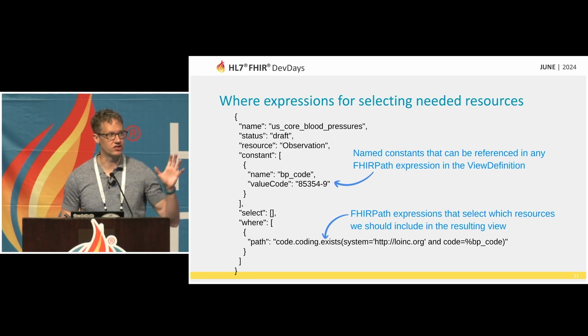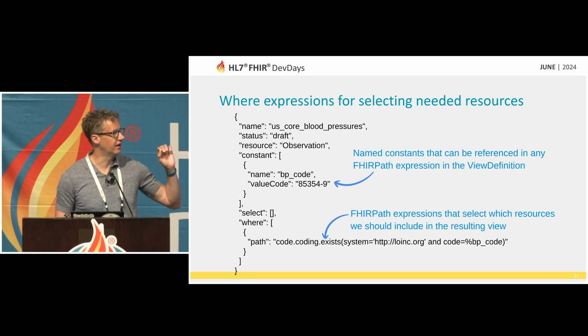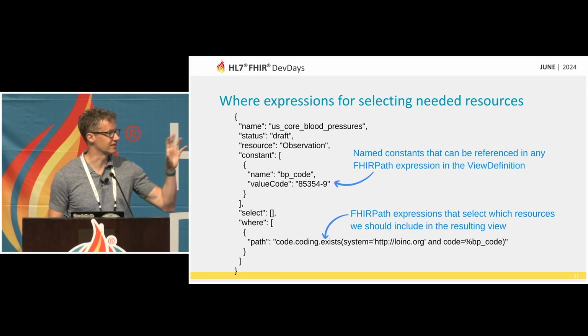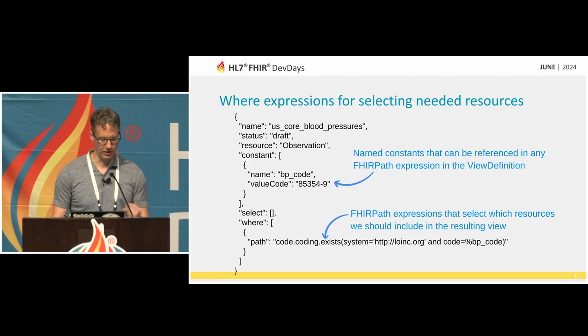Here we show the first instance where we have the blood pressure code, set as a constant up top, and then we have the FHIRPath expression underneath it. For the observation code, we're just seeing if there exists a coding that has the expected system and blood pressure code defined in the constant above. Running this would produce that, and of course, a real example would actually have columns and content in the select as well. But just being a FHIRPath expression, it works fairly well.